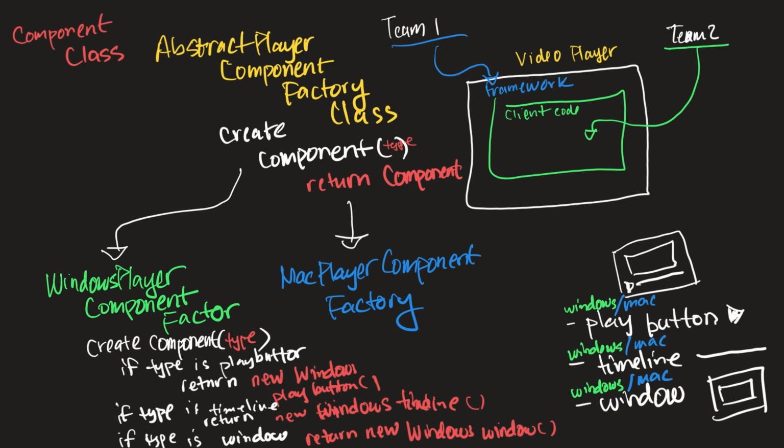Sorry this is sloppy because I'm running out of space here, but basically when we do createComponent for Windows, it's going to take in a type, and if the type is play button, it's going to return a new Windows play button. It's going to return the play button object. And if type is timeline, it's going to return a new Windows timeline. And if type is window, it's going to return a new Windows window. Now that is the implementation of this abstract factory for Windows.